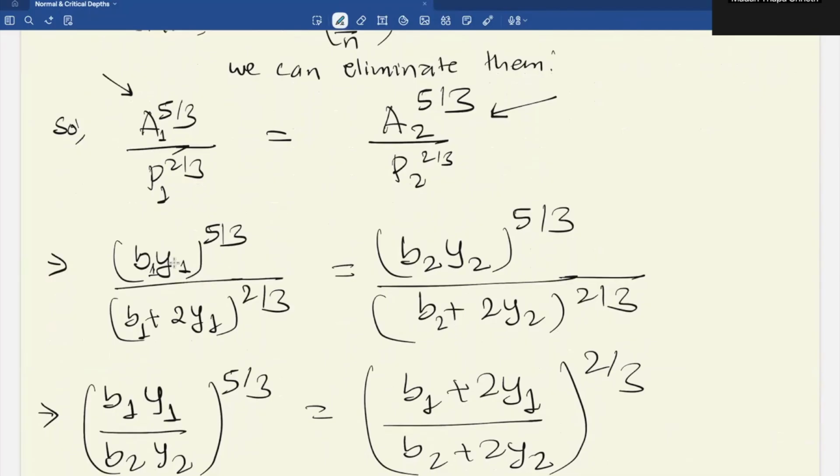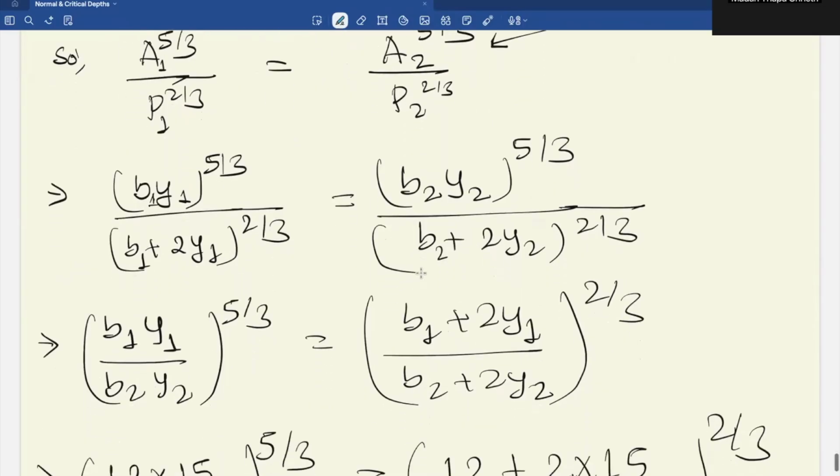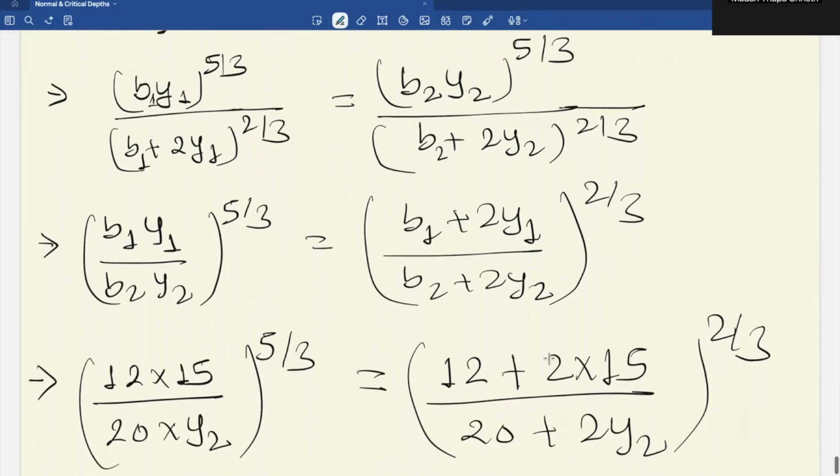This b1 times y1 to the power 5 by 3 divided by b1 plus 2y1 to the power 2 by 3. Similarly, this b2 times y2. And when we rearrange, let us make this term similar in kind. That is, it has power 5 by 3 in the LHS, and in the RHS we have power 2 by 3, so it will be easier to do the computation later.